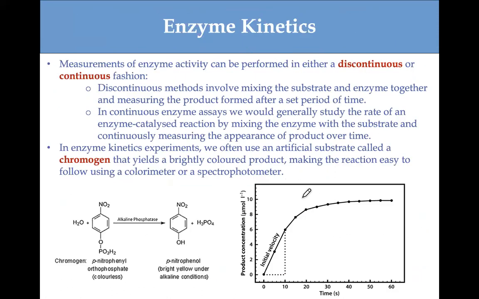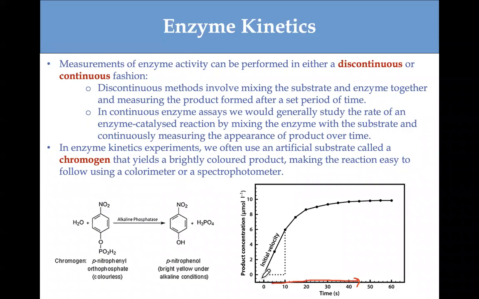Now I will explain the difference between the initial velocity and the Vmax, or maximum velocity, in this graph. Here the y-axis represents the product, and the x-axis represents the time. This graph is made to show the velocity of the reaction, but for the time being, because I want to explain the initial velocity and the Vmax, let's assume the x-axis shows the substrate concentration.